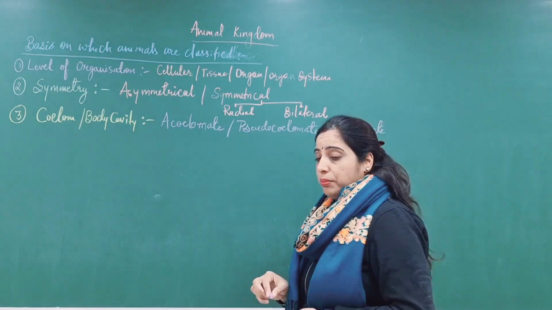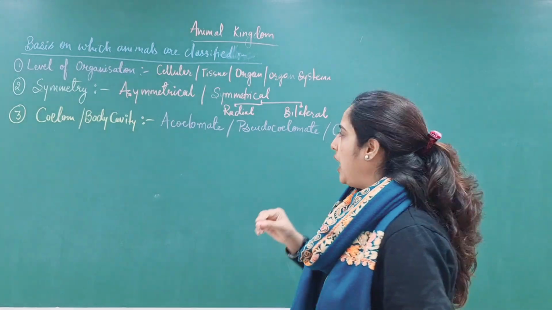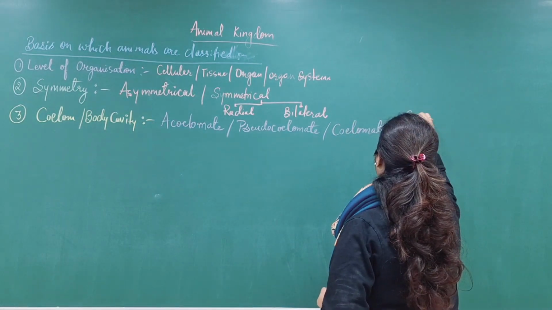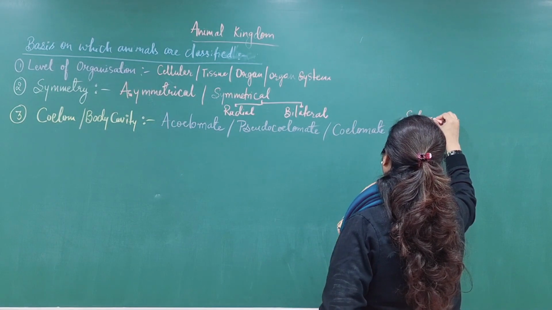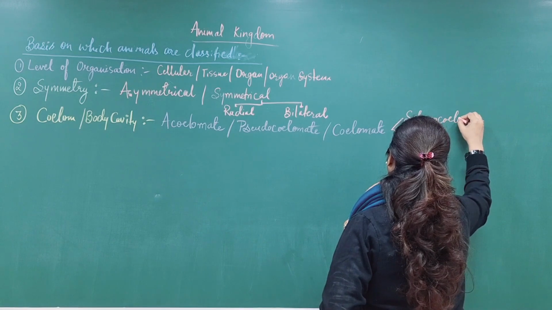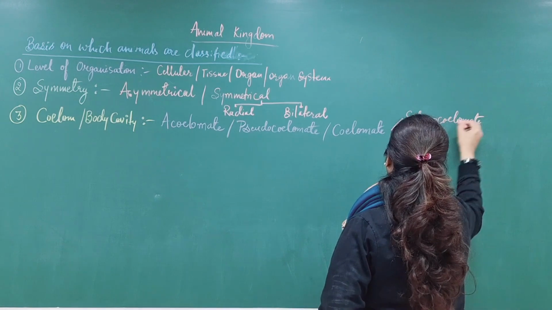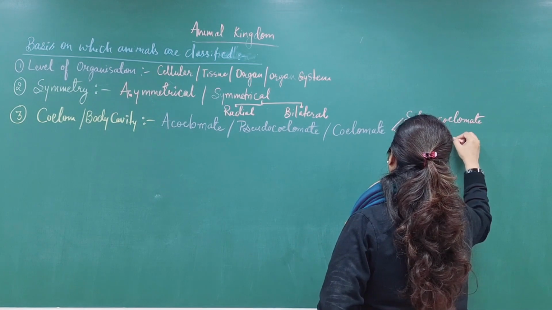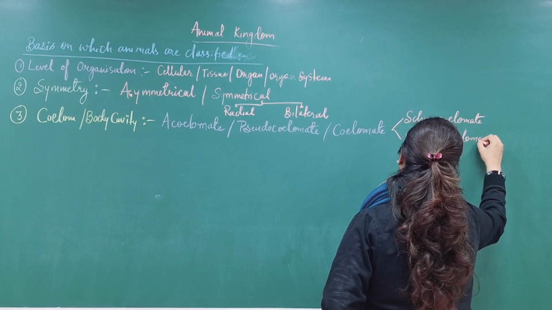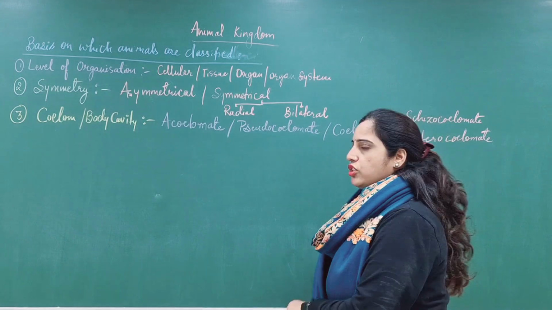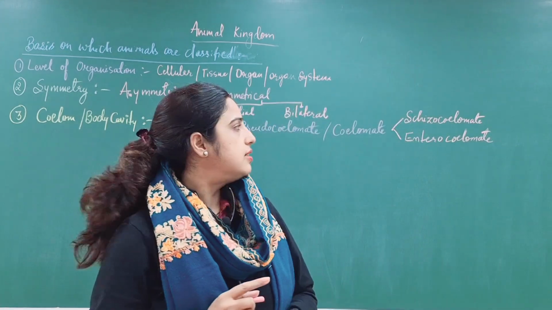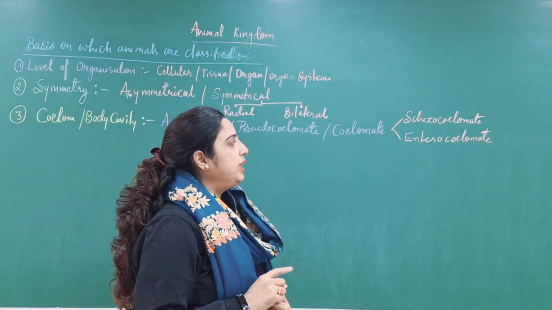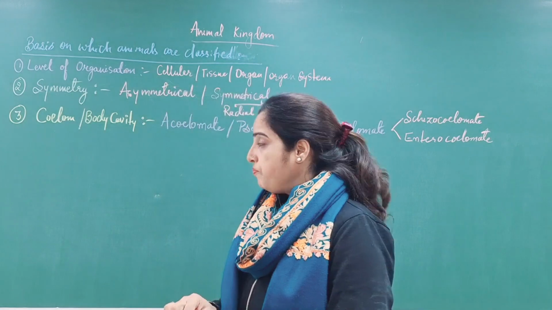Now, the coelomates are of two further types: one is called schizocoelomate, and the other is called enterocoelomate. If you want to know details about this, just ping me, and I will let you know what these terminologies, schizocoelomate and enterocoelomate, are.